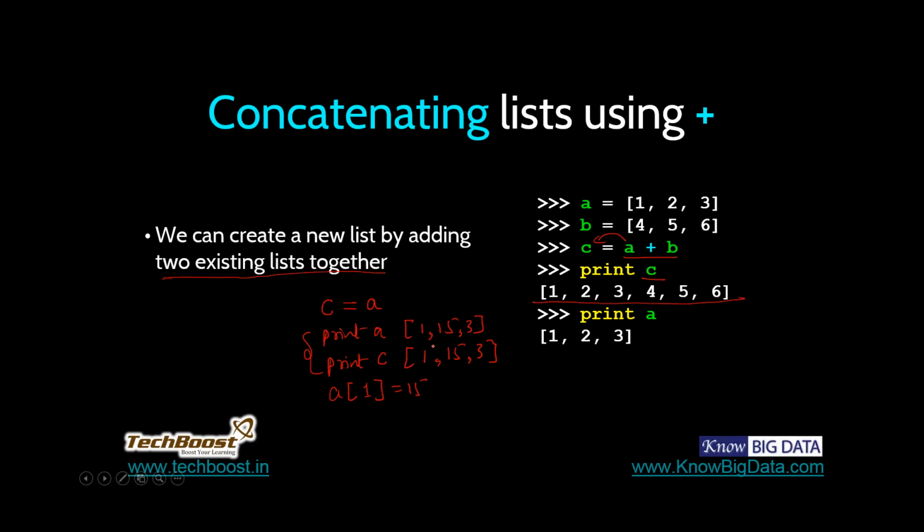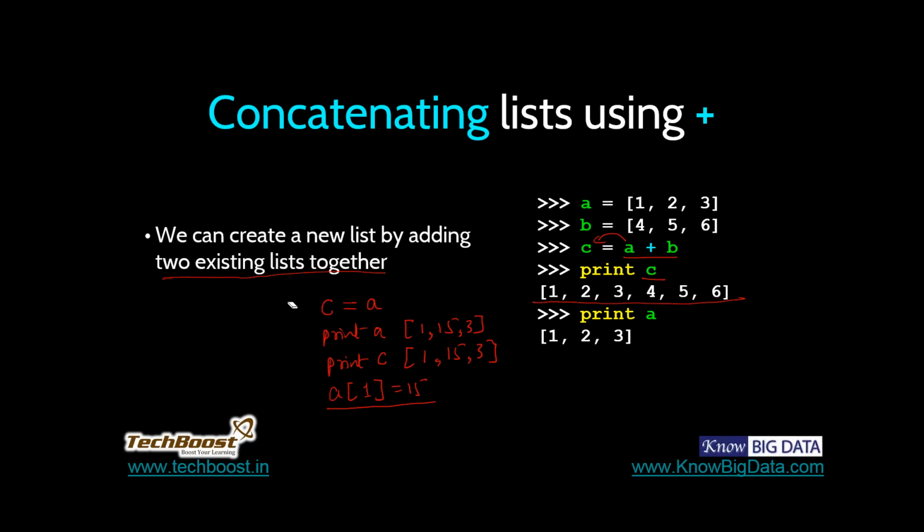But why do you think so? I did not modify C, isn't it? Are the codes written sequentially? Like after A of 1 equals 15, do we write C equal to A again and then print A and C? So I have not done C this step now. C is still 1, 2, 3.